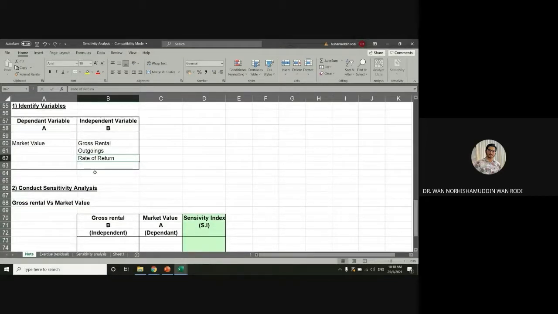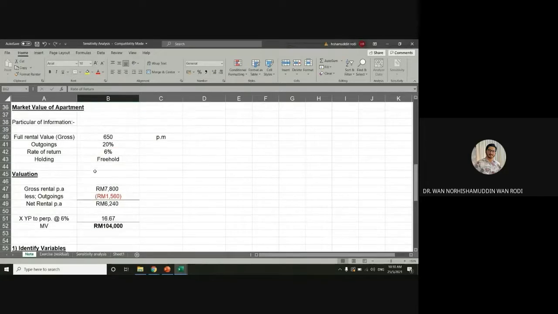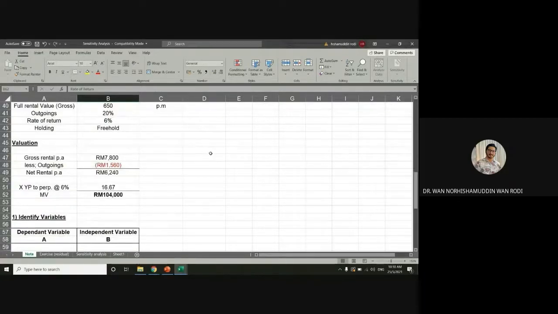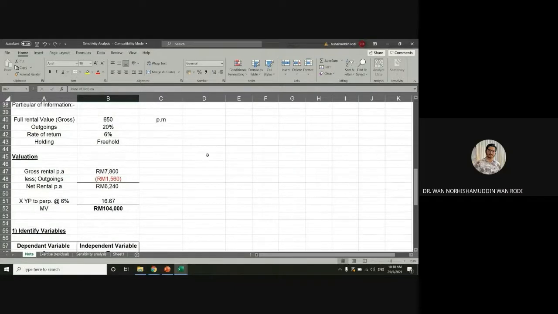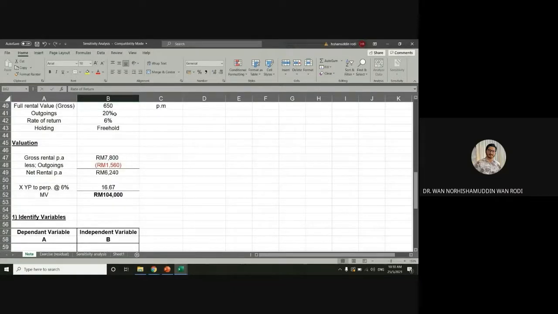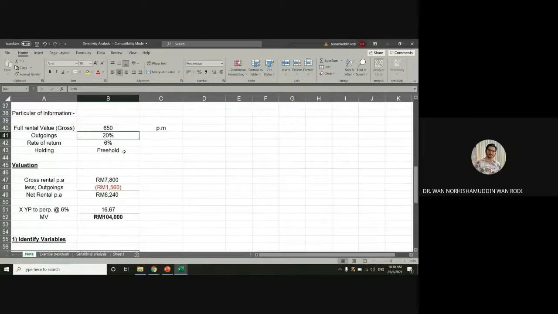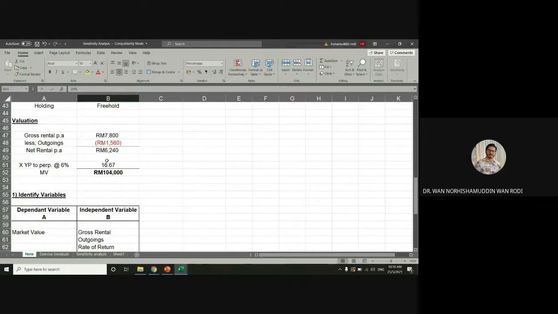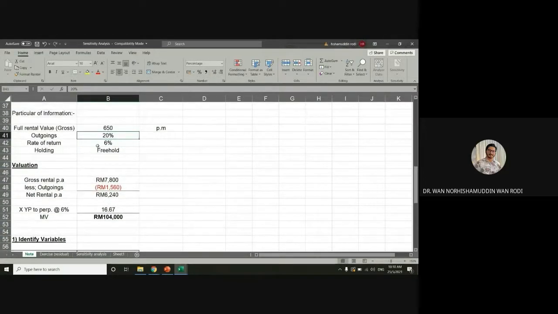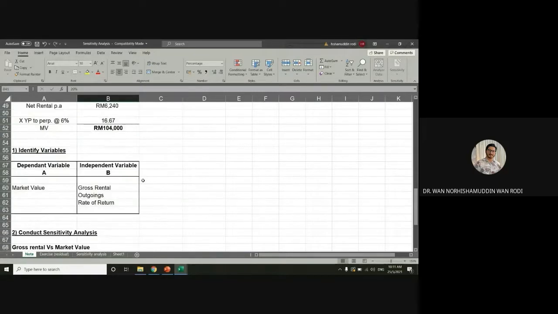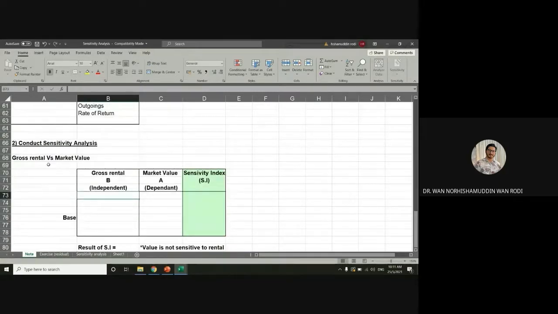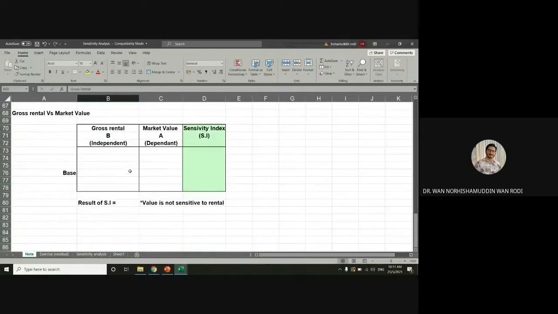Once you have identified the variables, you have to do what we call the throughput method, whereby you change the amount in the calculation. Let's say our base or original calculation is this one. First, you need to identify whether market value is sensitive to gross rental. You need to do a very simple table like this one.